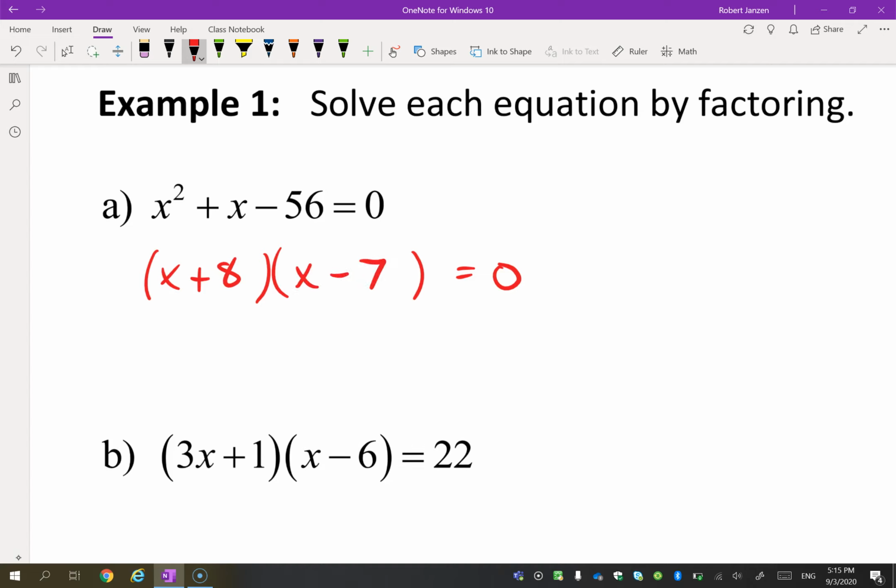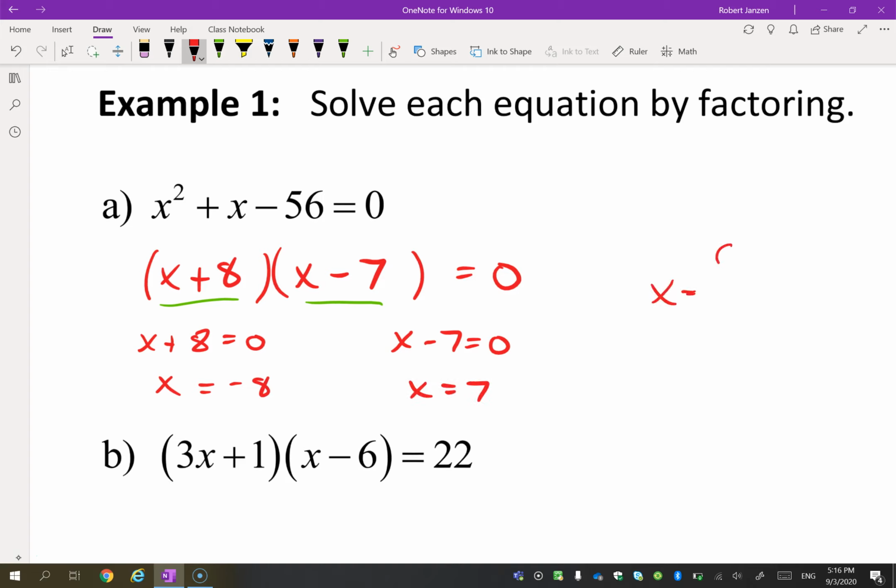So if I multiply this by this, I get 0. That means either x plus 8 has to be equal to 0 or x minus 7 has to be equal to 0. So x is negative 8 and x is 7.